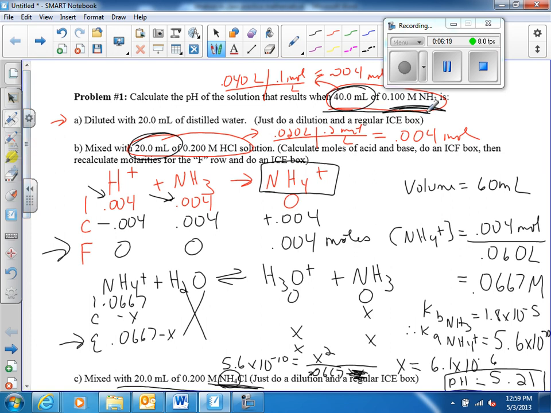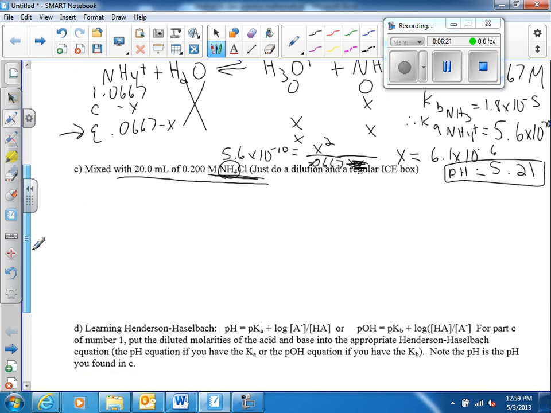So I have 40 mils of 0.1 molar NH3 and 20 mils of 0.2 molar NH4+. I'm going to do MiVi equals MfVf for both components. I have 40 mils of 0.1 molar NH3, MiVi, and for my final volume, I have to add my 20 mils to the 40 mils.